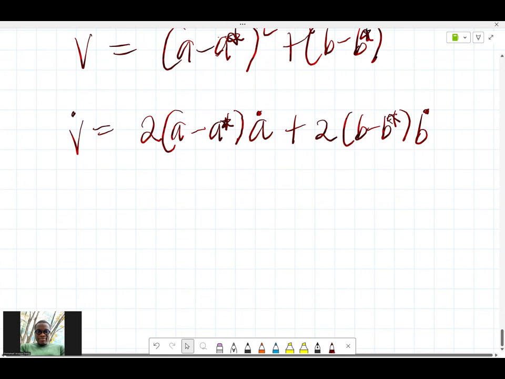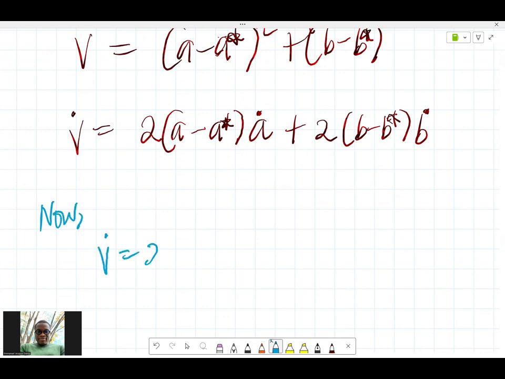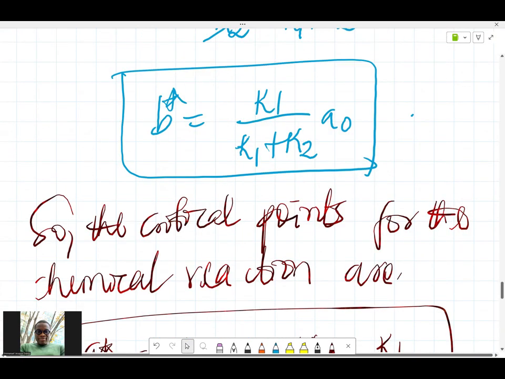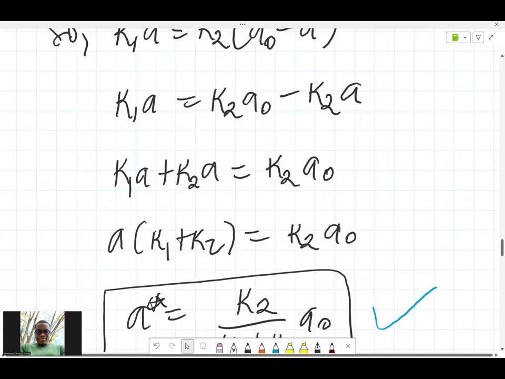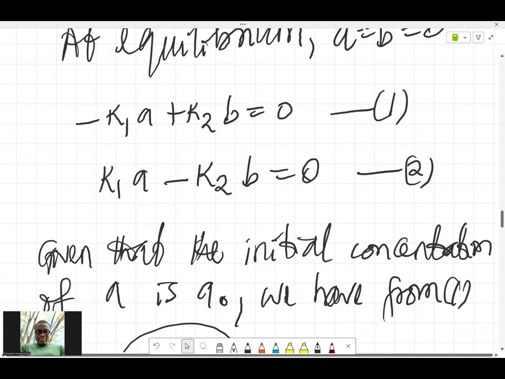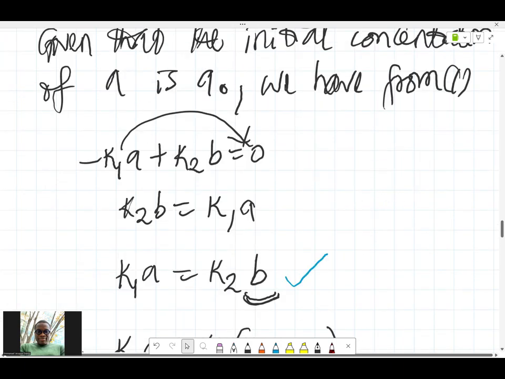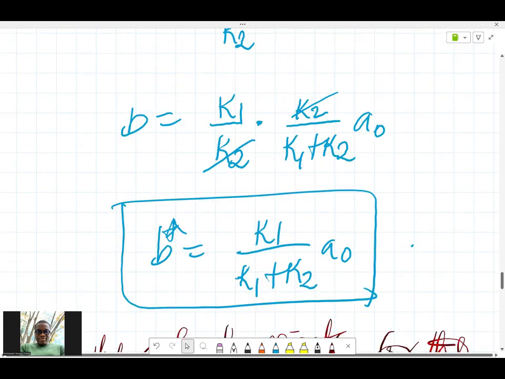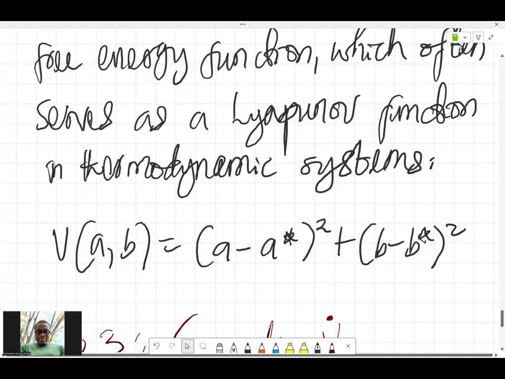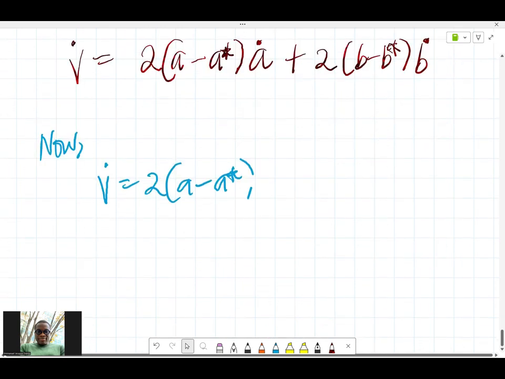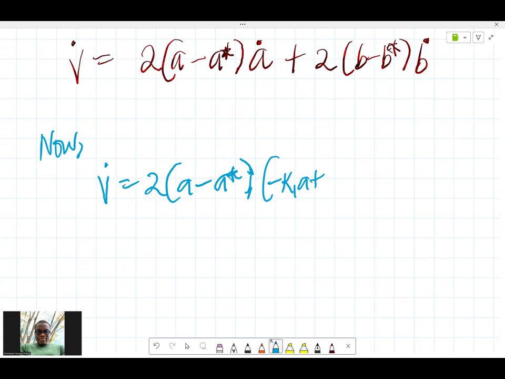But don't forget, we already have expressions for A dot and B dot. So now we can say V dot would be 2 into A minus A star. What was A dot initially? A dot is the initial expression where we have minus k1 A plus k2 B. So we have A dot is minus k1 A plus k2 B right here.